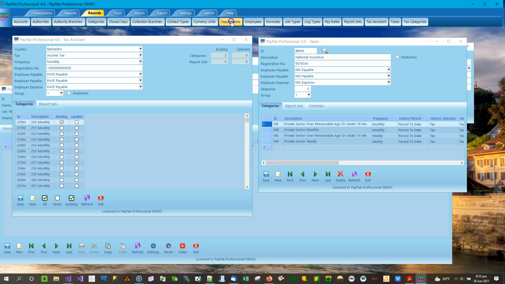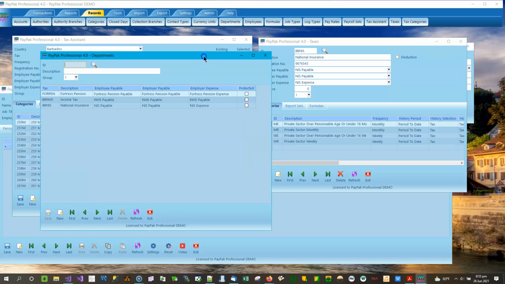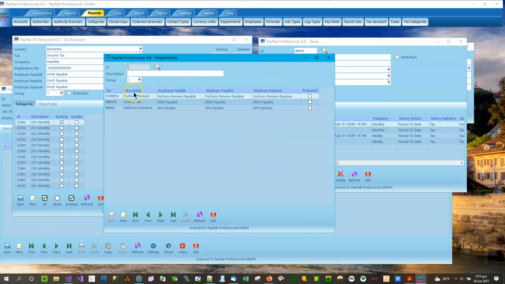In the department section of PayPak, we have a section here where you call up each department. We have two departments in this database. There's one for Oistins and one for Wotton, and you will note the NIS expense account here.